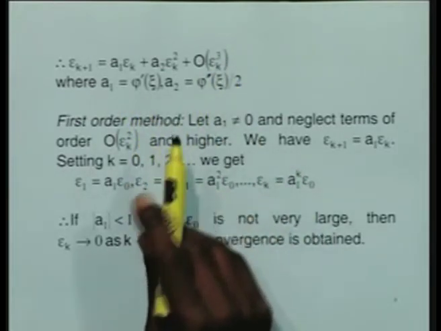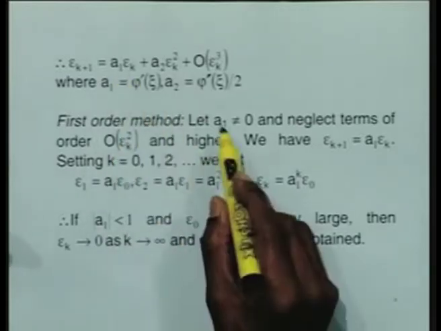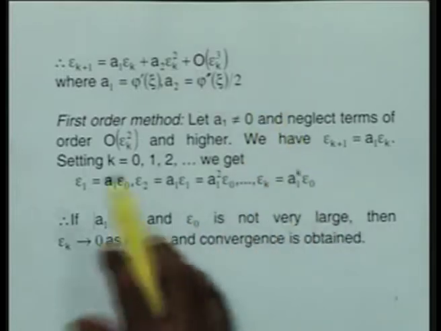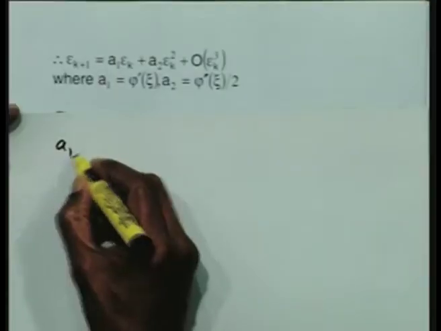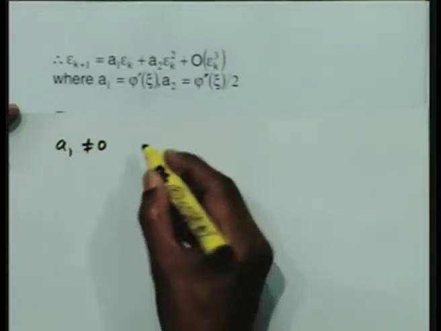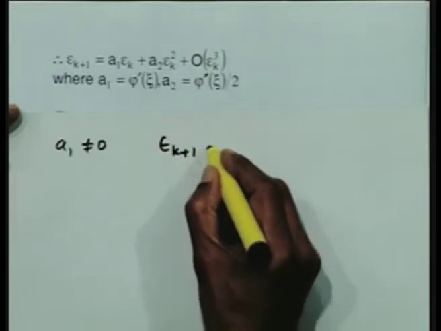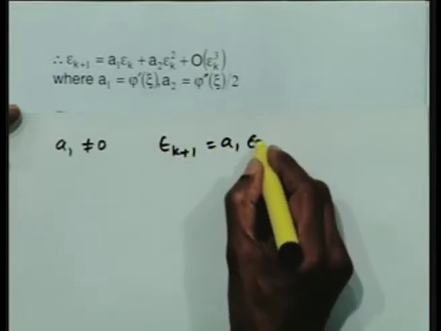Now, if a_1 is not equal to 0 in a method, then I can drop all these higher terms and write this as epsilon_{k+1} is equal to a_1 into epsilon_k.